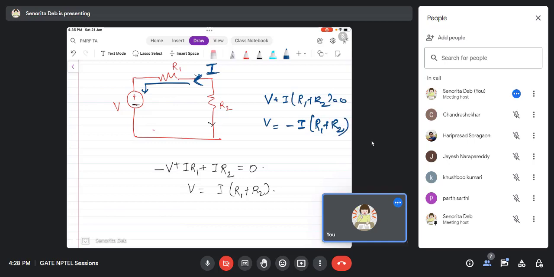You understood how KVL is applied? Now another thing that can be asked is that they will already give you a voltage like this, say VR, and ask you to find VR. So what you will do is take a current direction and get the value of current. Then VR will be positive if the current is entering the plus terminal, so VR is I R2.